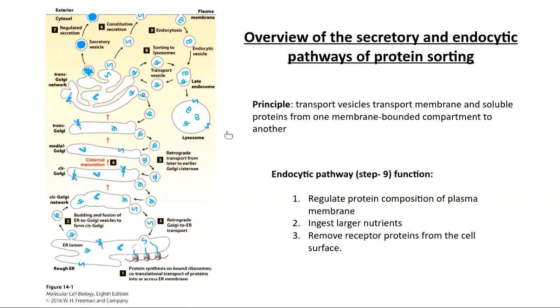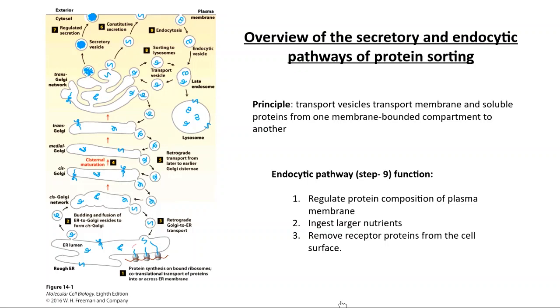Regulated secretion regulates the secretion of secretory proteins, and only when there is a need, through extracellular receptor or extracellular signaling, does regulated secretion happen. Okay, so that is the whole general overview of the secretory and endocytic pathways of protein sorting.